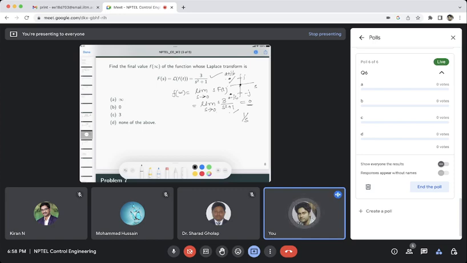So what is the inverse Laplace transform of 1 by s? 1, or u(t) you can write also, the unit step function starting from 0. So what is the final value of u of infinity? From this diagram, can you say? 1. So yes, you can apply there.